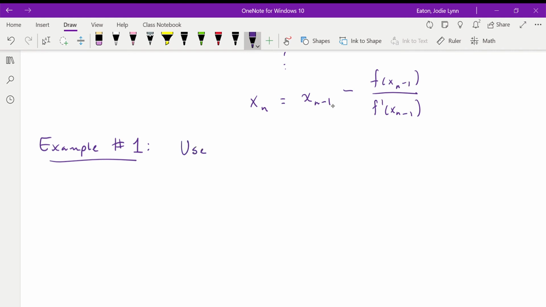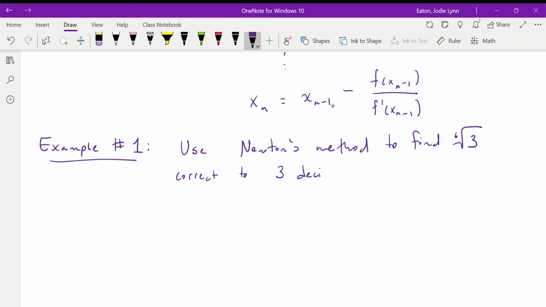So let's use Newton's method to find the 6th root of 3 correct to 3 decimal places.